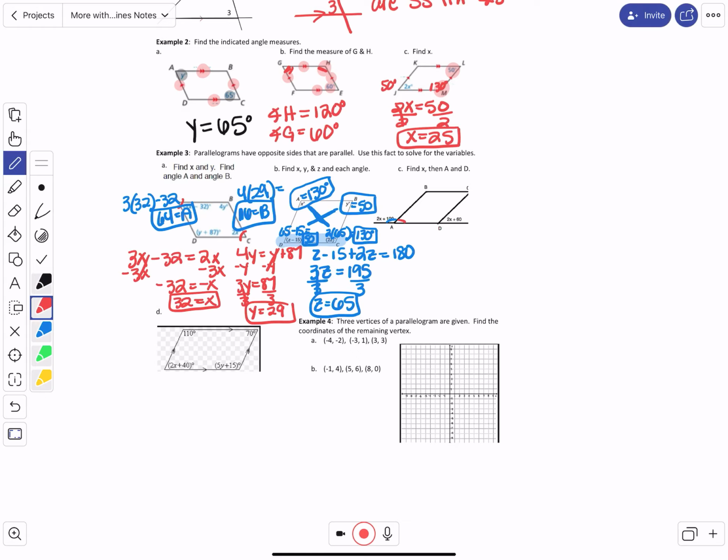Now, with that being said, I know that this angle is going to be supplementary to this angle.